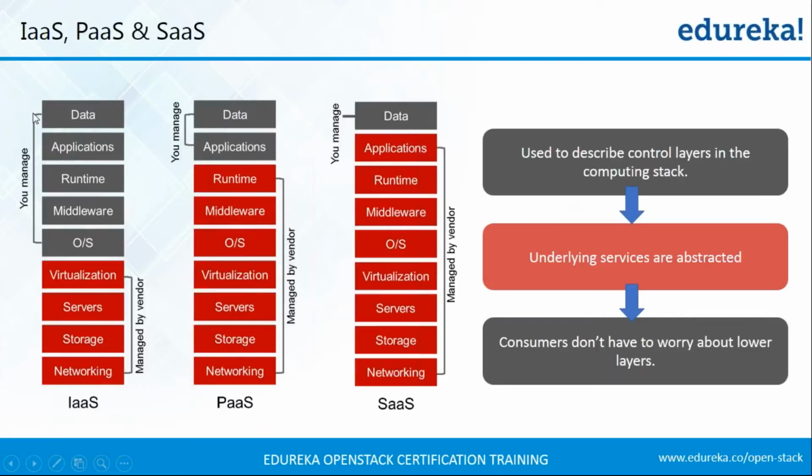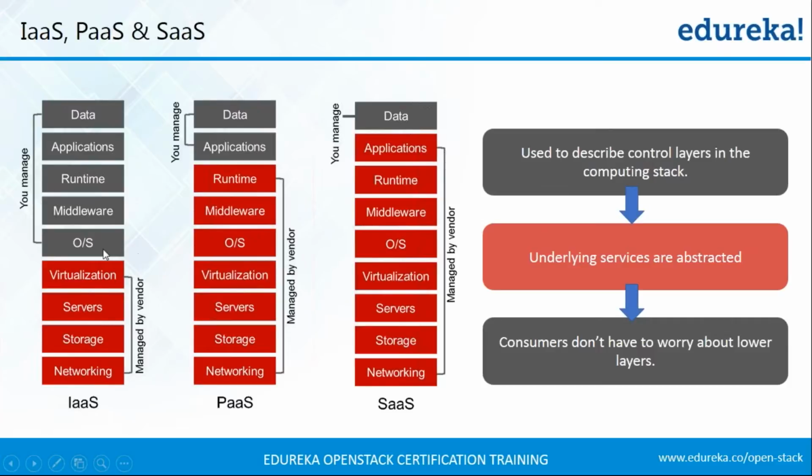Now we'll take a look at infrastructure as a service, platform as a service, and software as a service. When you have infrastructure as a service, this is the same cloud service stack that I just talked about. When you are availing infrastructure as a service from your cloud provider, the networking, storage, servers, and virtualization part is completely handled by your cloud vendor.